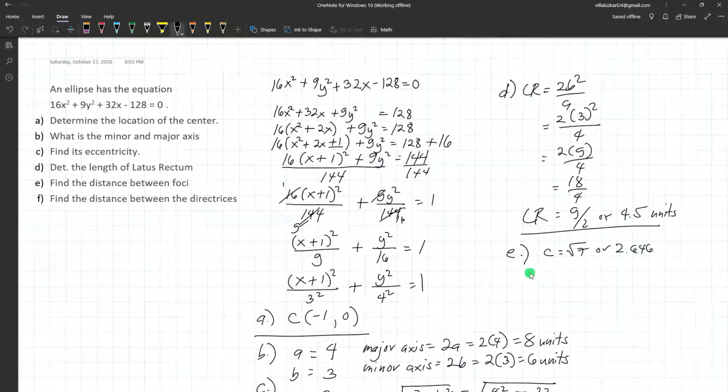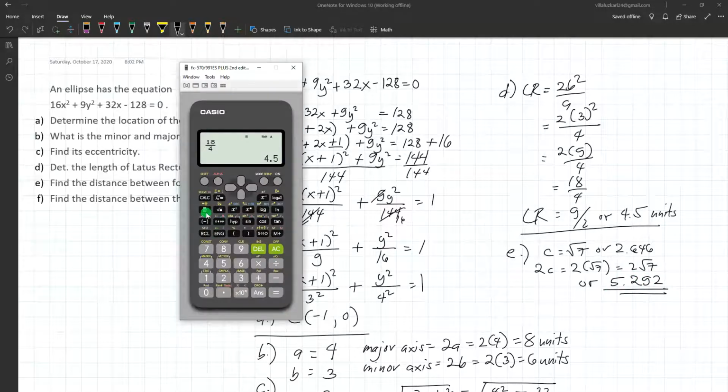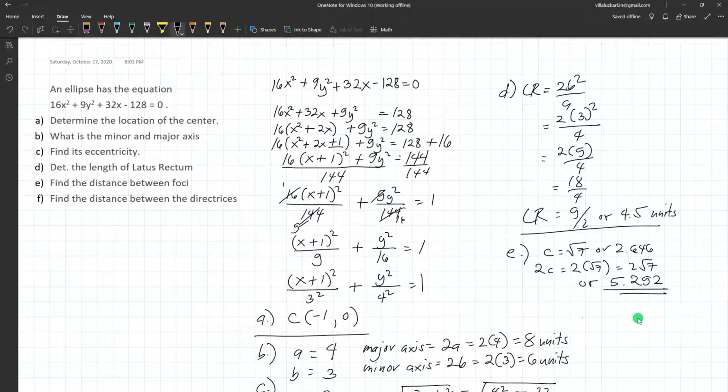So distance between foci is 2c. 2 times the square root of 7 is 5.292 units.